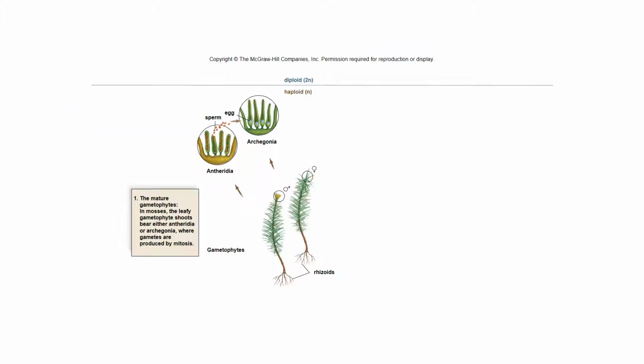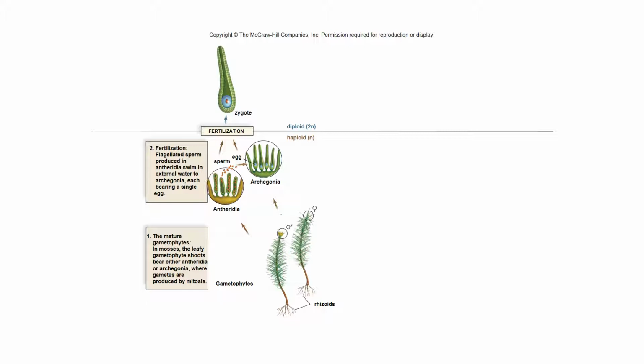Now, this is the life cycle of moss. In mosses, you've got mature gametophytes, and each will have either archegonia or antheridia. Remember, antheridia have the sperm, archegonia have the egg.